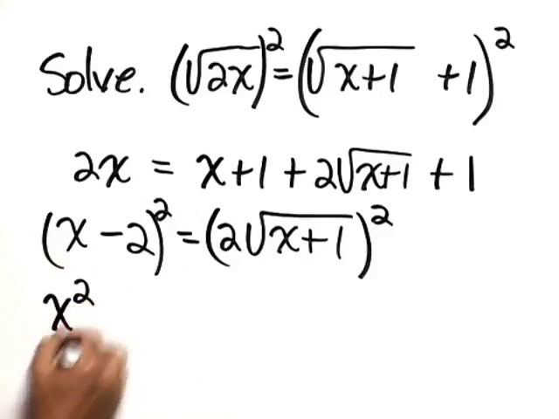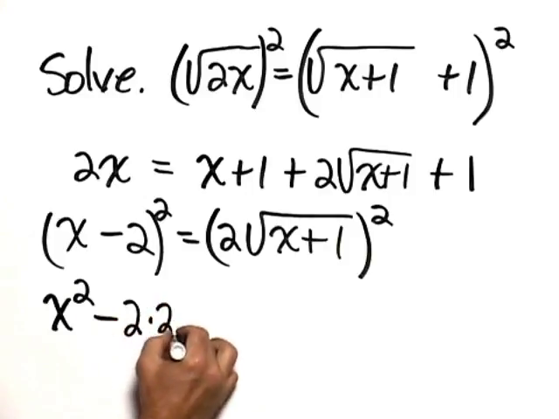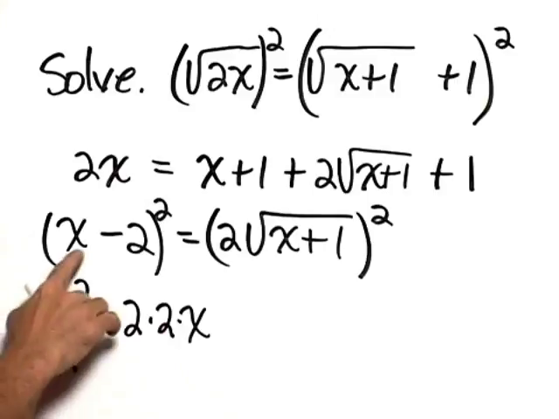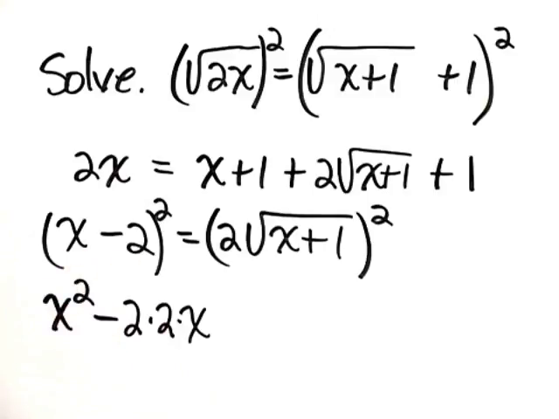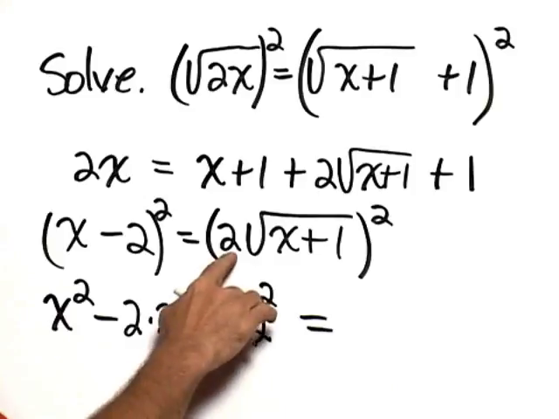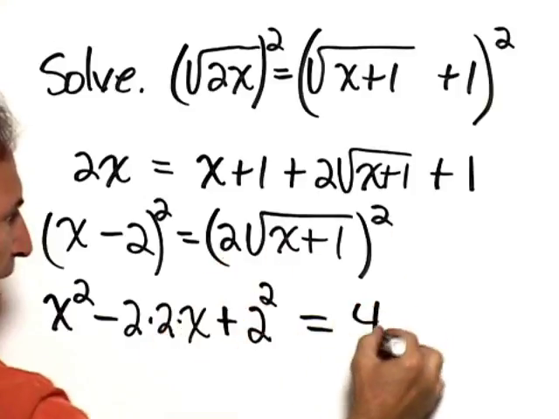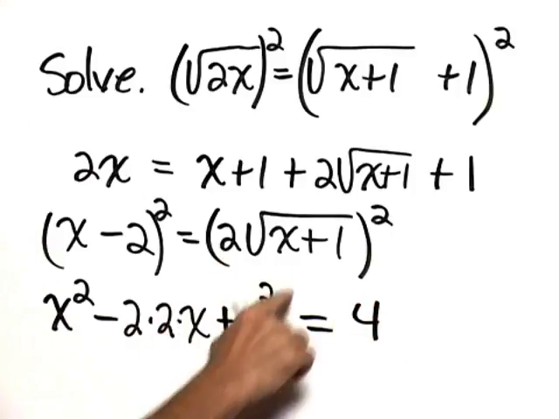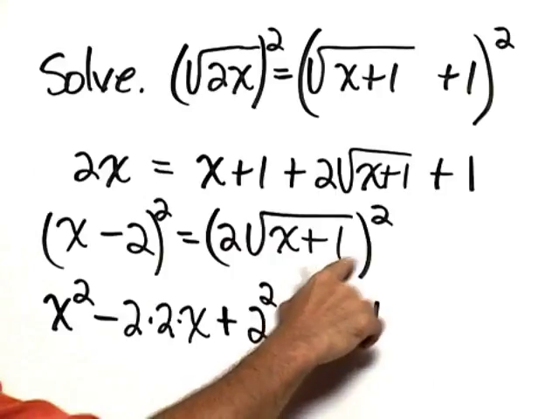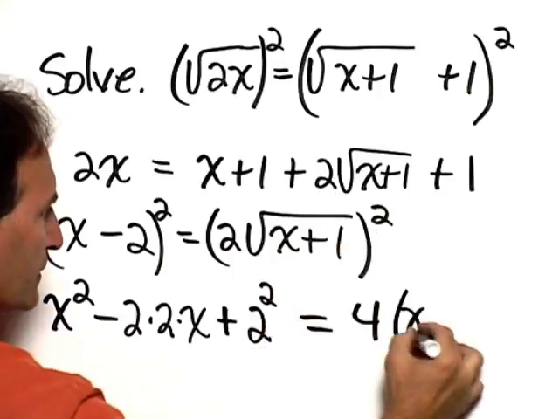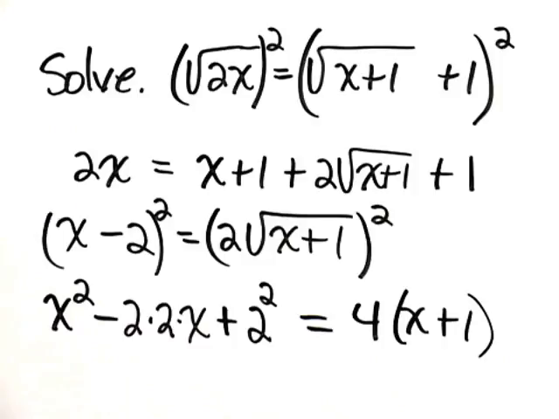That becomes the first term squared, x squared, minus twice the product of the two terms, 2 times 2x, then plus the second term squared, 2 squared. This is equal to, now the 2 gets squared, so that's 4. The square root of x plus 1 squared is just x plus 1.